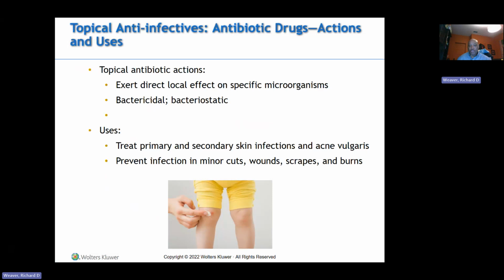I did highlight bacitracin, an important drug to remember. This is also an antibacterial drug, and what it does is inhibit cell wall synthesis. And so it causes the cell wall of the microorganism to not be soundly built, if you will.